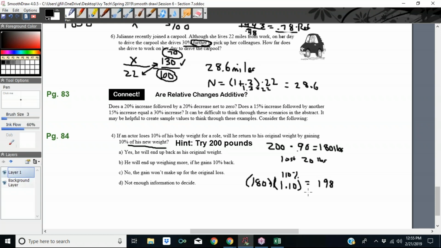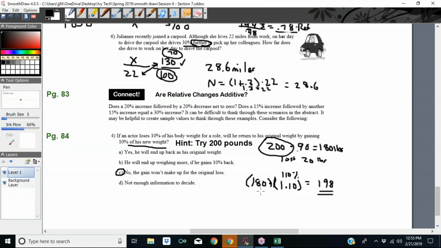Oh, not quite 200. Yeah, and the reason is because in the first part, we're doing 200 times the 10%, which gives us 20 pounds. And in the second part, we're doing 180 times the 10%, which is only 18 pounds, which gets us up to 198. It doesn't quite get us back.